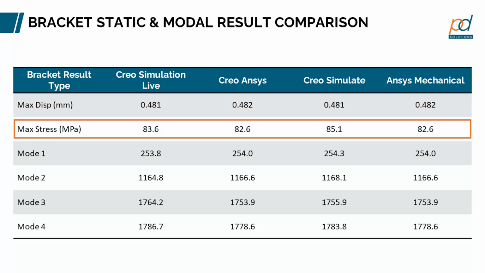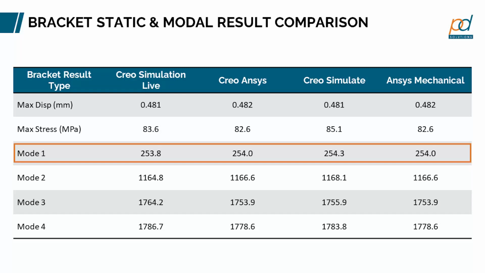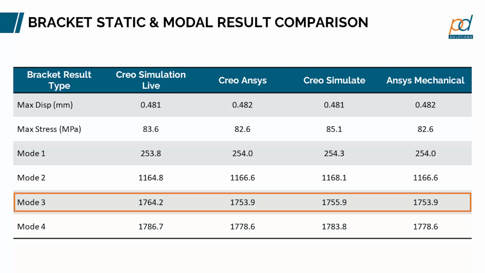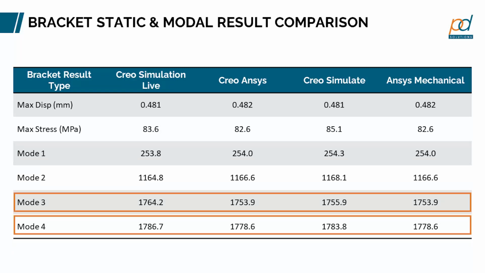For stresses, we're seeing a bit more of a variation, but still less than a 2% variation in stress. Mode 1, again, this is 0.1% variation. Mode 2, again, about 0.1%. And again, mode 3 and mode 4.